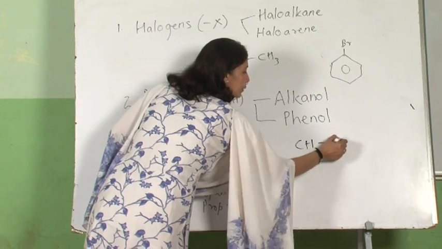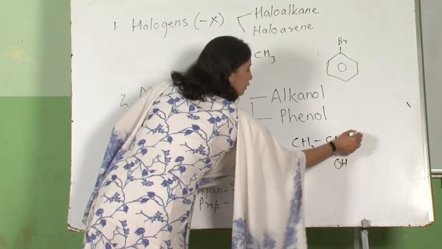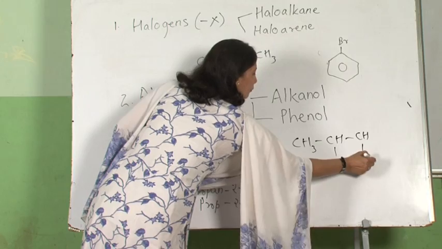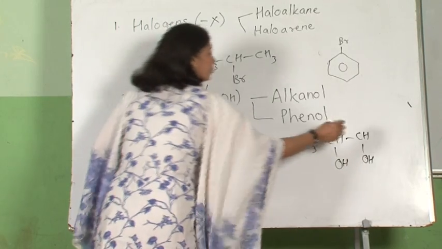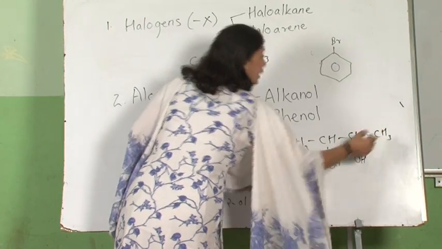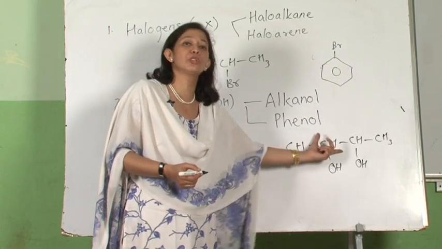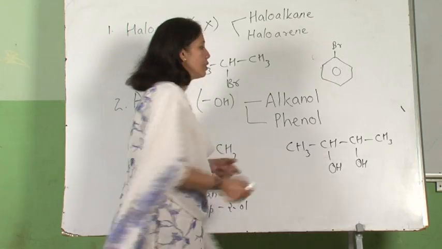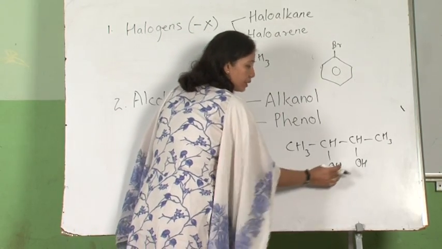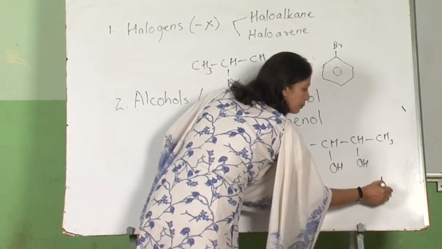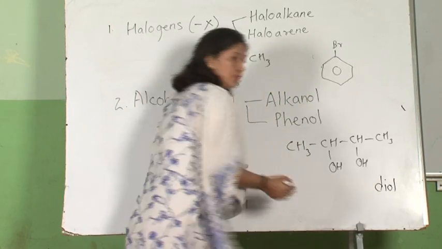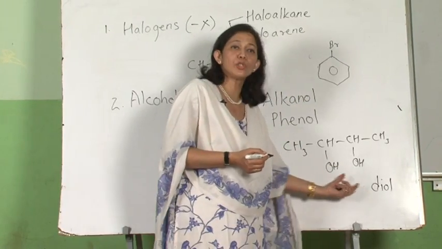If I take an example like this, where I have got 2 hydroxyl groups, how do I give the naming? Now, I cannot give the naming as butanol because there are 2 hydroxyl groups. So what I do is I combine this ol part. There are 2 ol parts, so I give the name as di, diol. Now, since the word di is there, there should be 2 numbers.